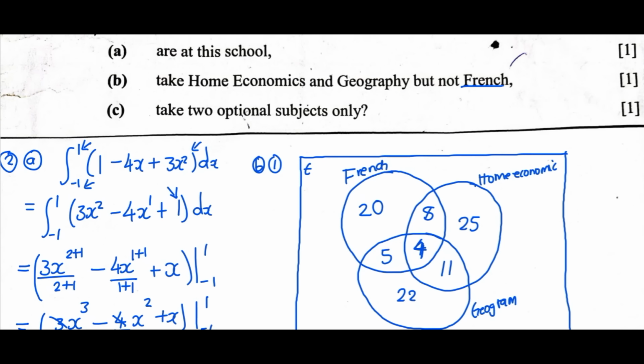So on this one, I want to hear also from you viewers, how do you answer this question? Let's share. Now according to me, since we are not told this term of only, then we are going to consider every member of home economics and geography, as long as that number is not coinciding in French. So to me, I think 25 plus 11 plus 22.